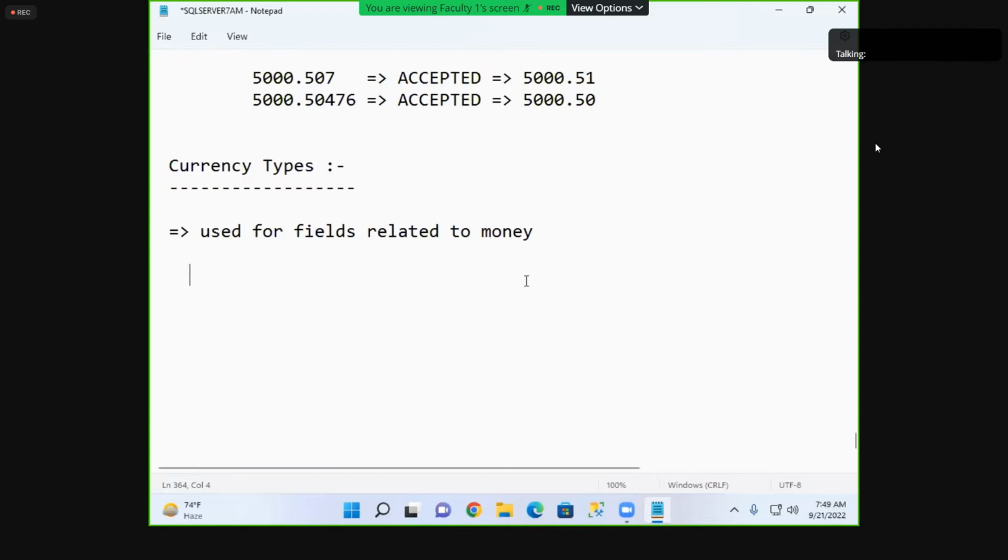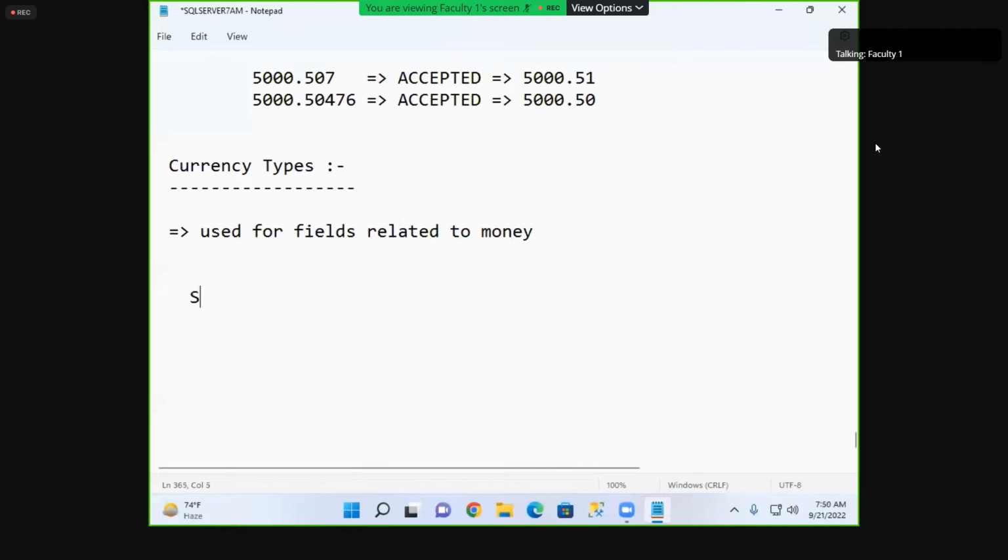Salary is related to money. Balance is related to money. Student fee is related to money. So if a field is related to money, then use currency types.